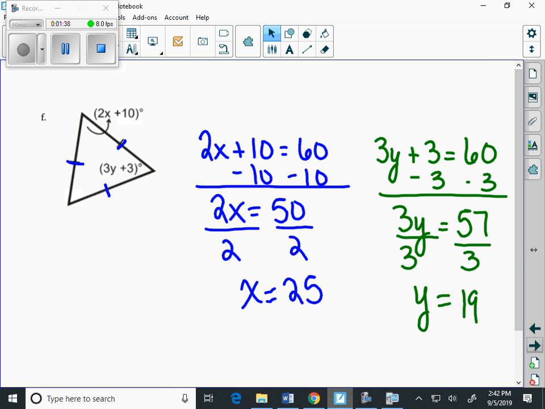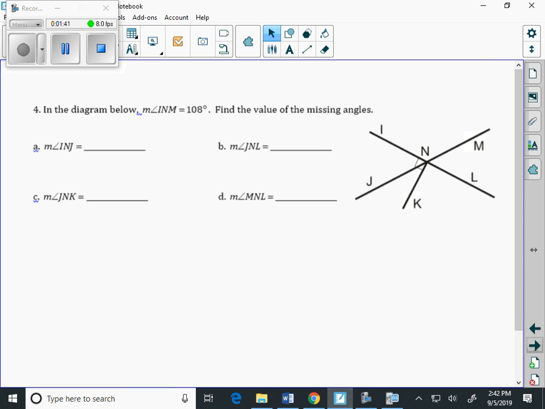Turning the page, we've got this diagram, and we saw a diagram like this on the quiz, similar, if not there, then on the Canvas practice, if you recall. And when we take a look at this, it says, in the diagram below, measure of angle INM is 108 degrees.